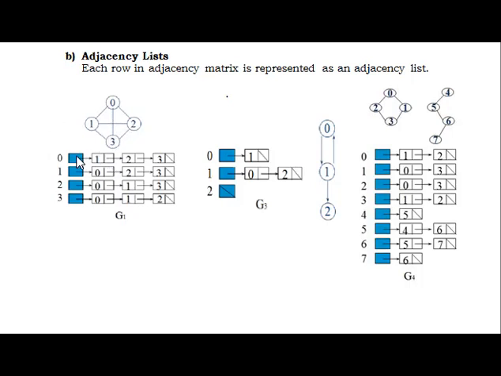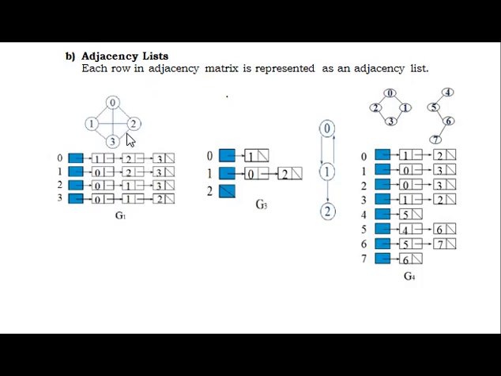So the 0th vertex has a first node, then a second node and a third node. Based on the linked list, we represent the list for each row, row wise. Then the first node is possible to visit 0, 2, and 3. So here 0, first node with 0, 2, and 3.